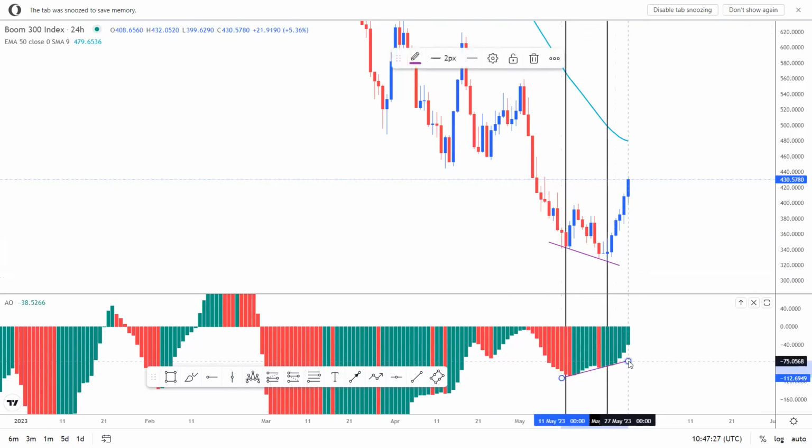Now that is the divergence we're talking about, where the price moves in the opposite direction to a technical indicator. And in this case, the indicator being used is the awesome oscillator indicator.